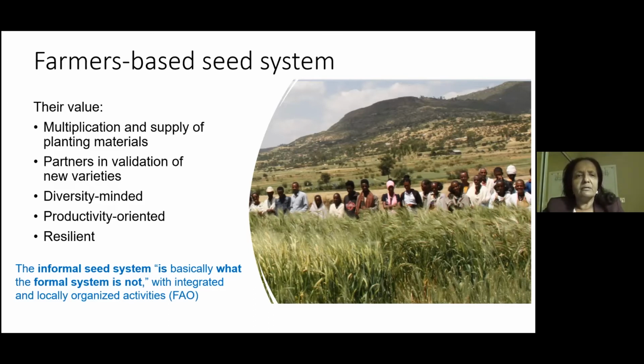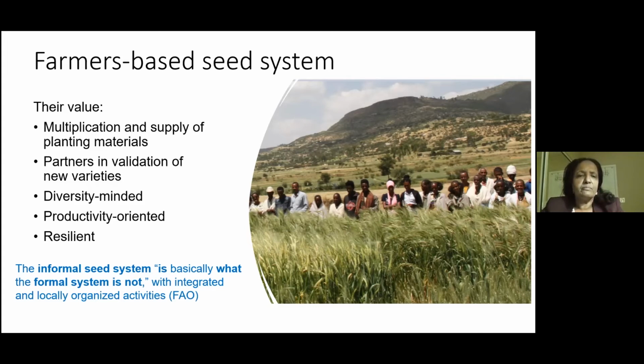And they are very active in multiplying and supply of plant materials, and partners in validation of new varieties. And also they are diversity minded. We get more richness when they deal with food security and household consumption, and when they are qualifying for market-oriented trades, the richness gets reduced.